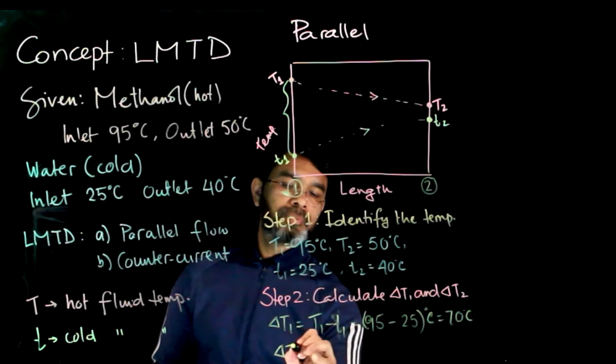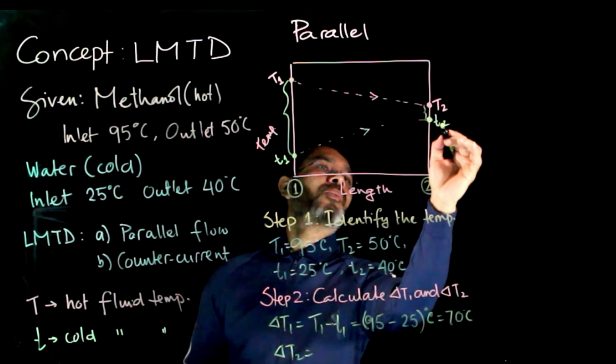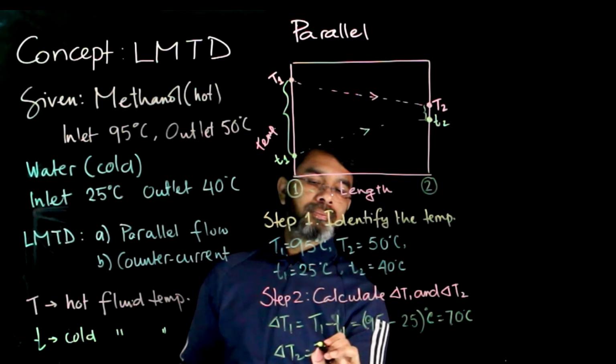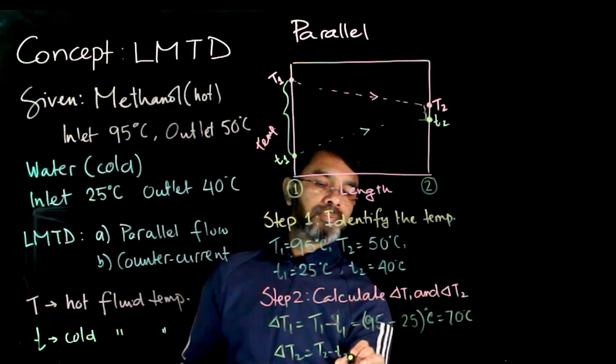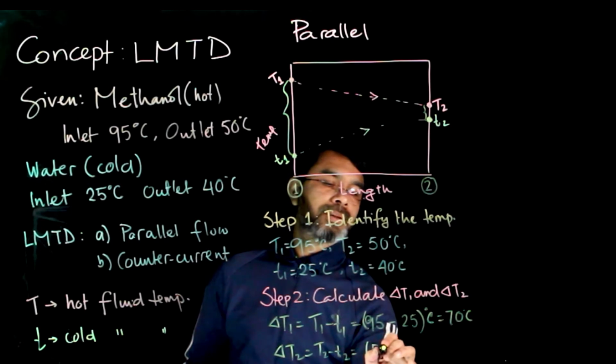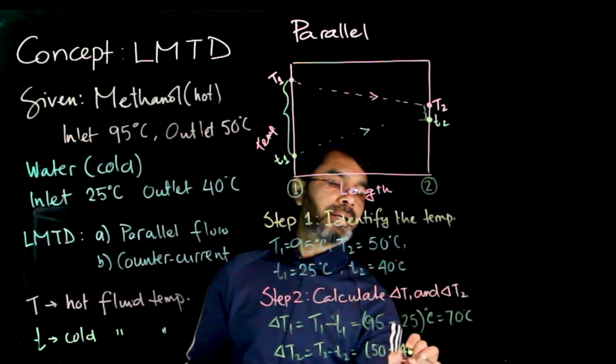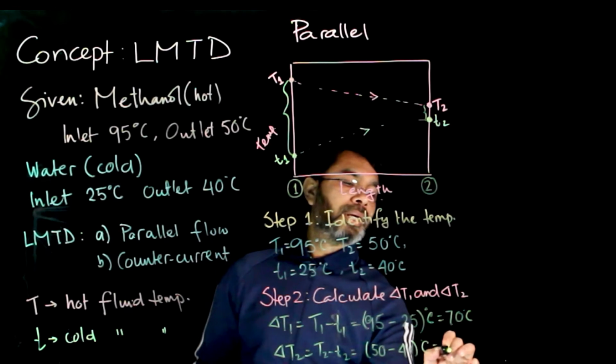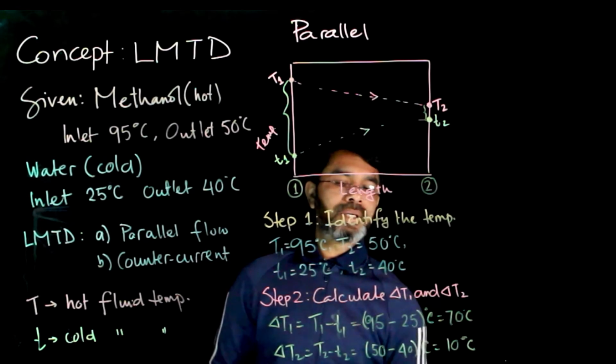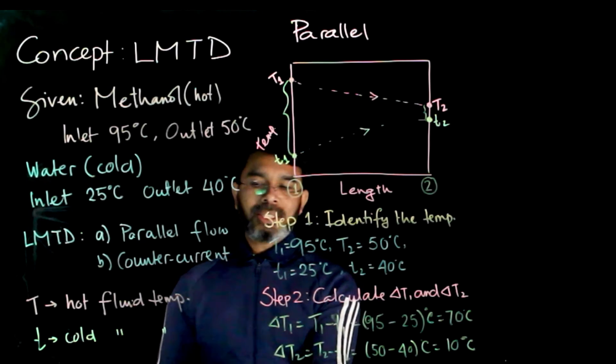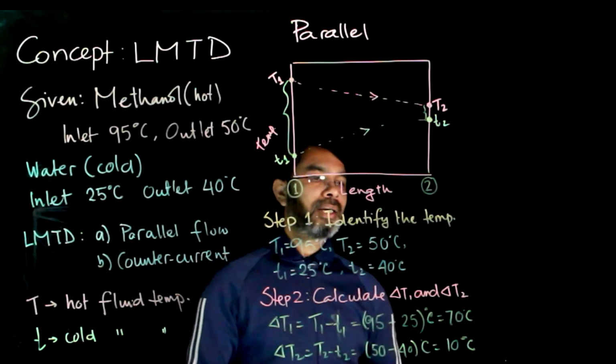And delta T2, again, is T2 minus small t2, so that gives 50 minus 40, 10 degrees centigrade.